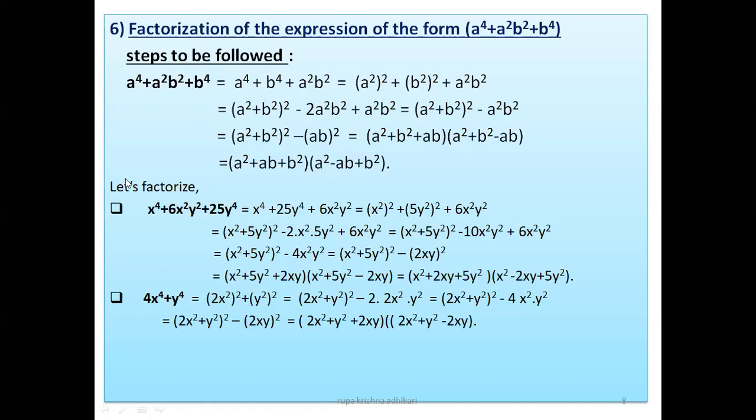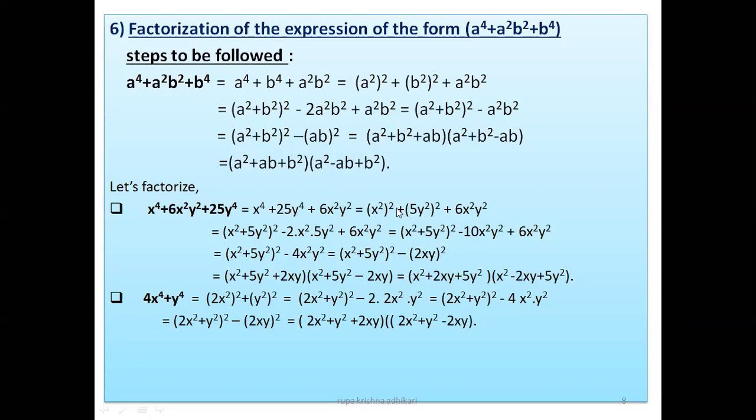So let's factorize the given examples. First one, x raised to 4 plus 6x square y square plus 25y raised to 4. First step, what you have to do: first and last term, write it together plus the middle term. And these two terms, I'm going to write in the form of squares.